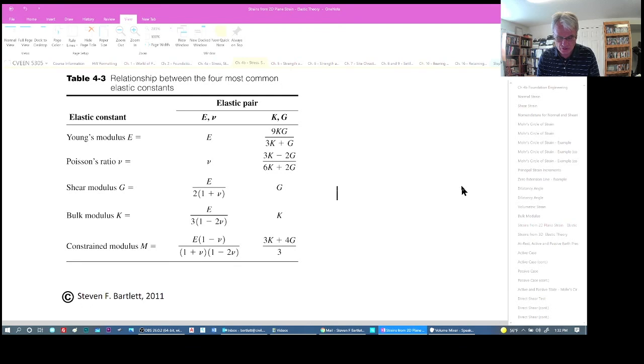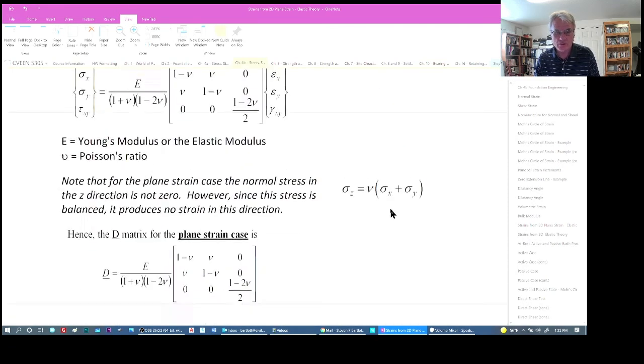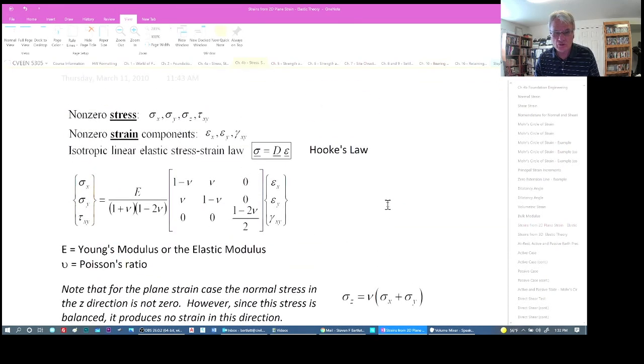That the shear strain gamma, I'm just going to write gamma. Well, let's go back to Hooke's law and write it for shear strains.